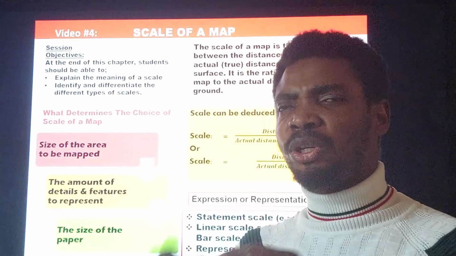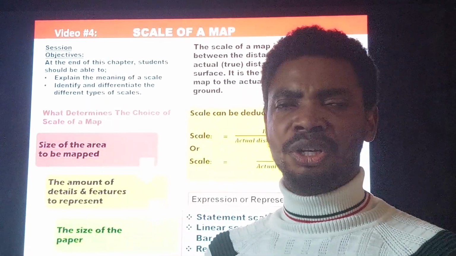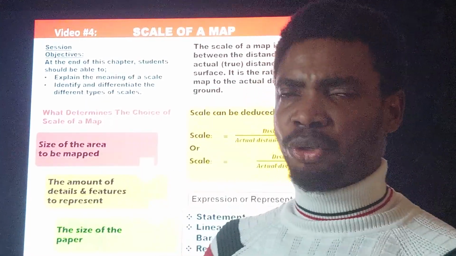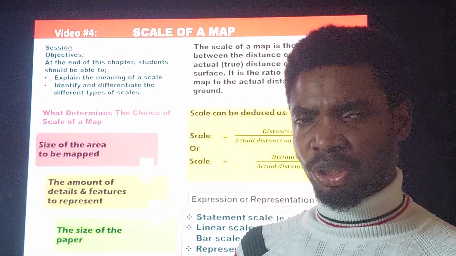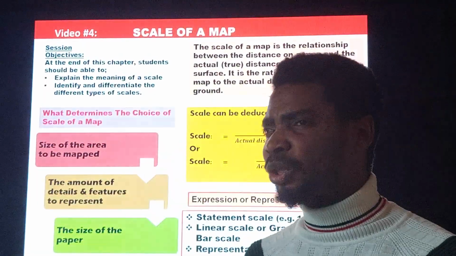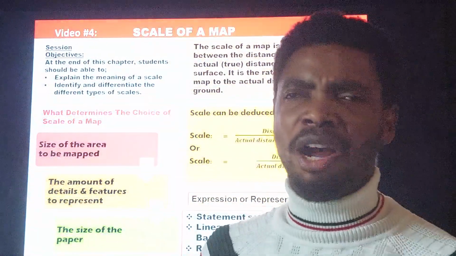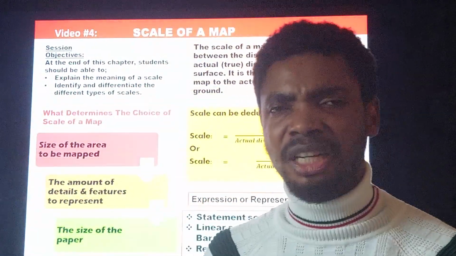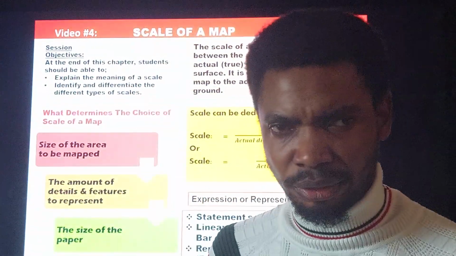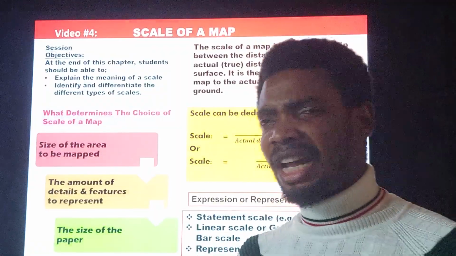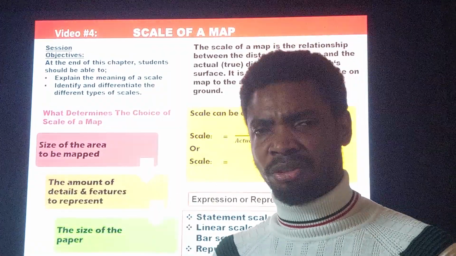Or you just want to capture only areas where we have crude oil production, or areas that are prone to earthquake events? So what are the features you want to represent on that map?